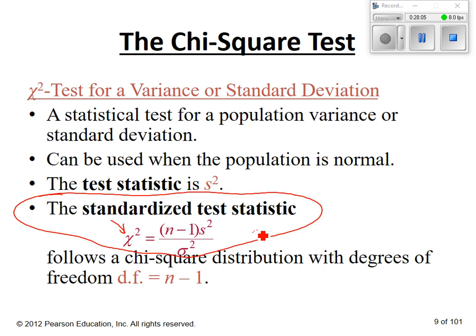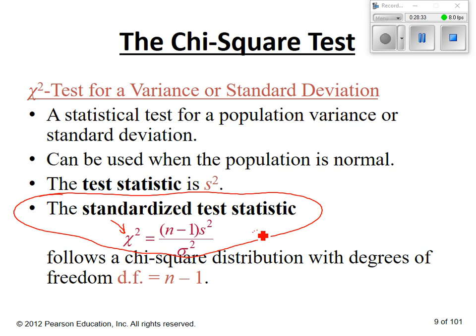So what we're doing here, we're using chi squared to test your variance or standard deviation. If we're testing the variance, we use this formula. N minus 1 in the formula is just your degrees of freedom.